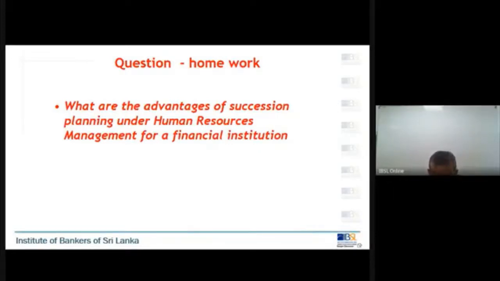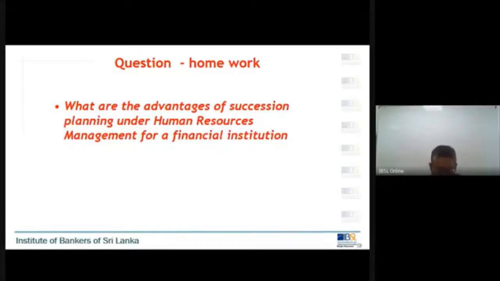You are preparing your capable people to assume leadership positions. Through a succession plan within your organization, you prepare capable, experienced people to take higher leadership positions.